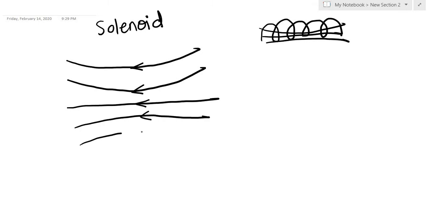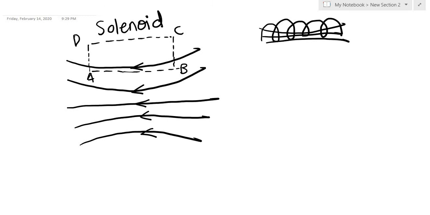Just one more line, and we can draw or select the Amperian loop on the top portion of this. So this is B, A, C and D, and remember what Ampere's circuital law said.